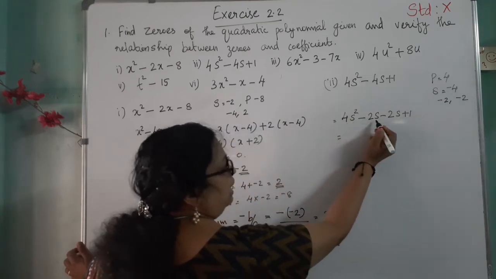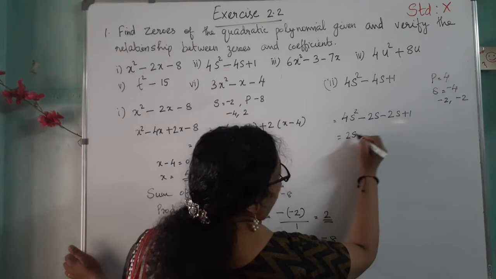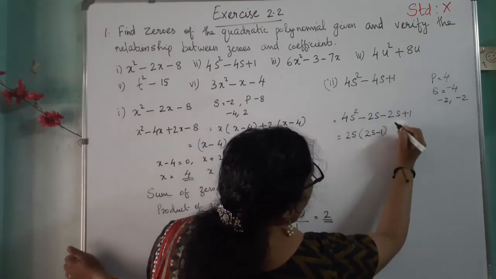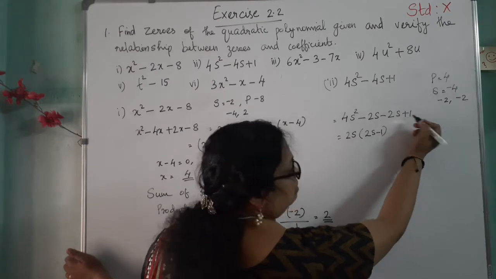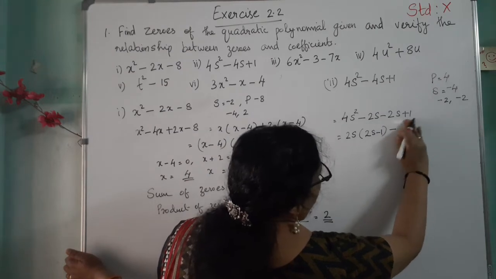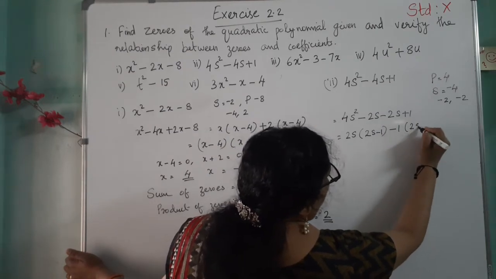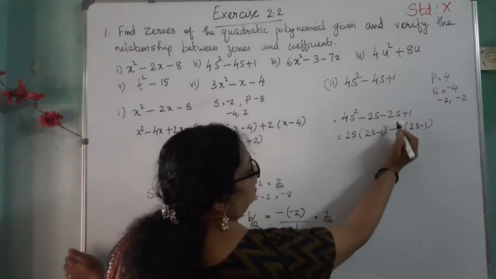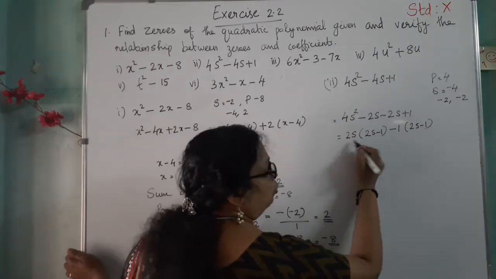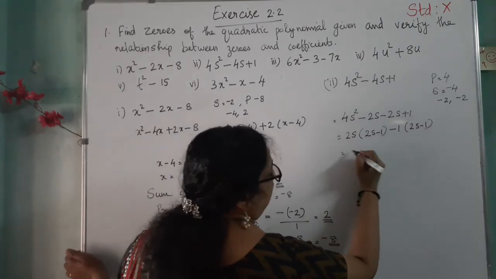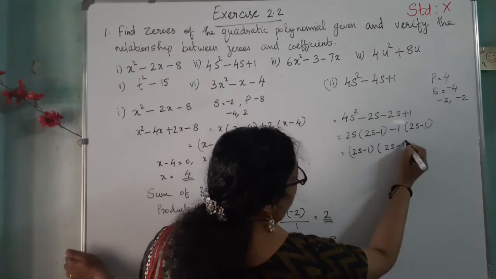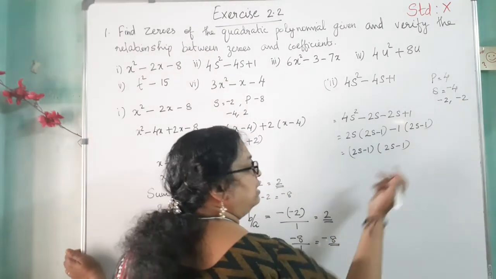In 4x square minus 2x, the common factor is 2x, 2x into 2x minus 1. Here minus 2x plus 1, we take minus 1 outside, minus 1 into 2x minus 1. Both the times 2x minus 1 is common, that is 2x minus 1 into 2x minus 1. So the factors are 2x minus 1 and 2x minus 1.